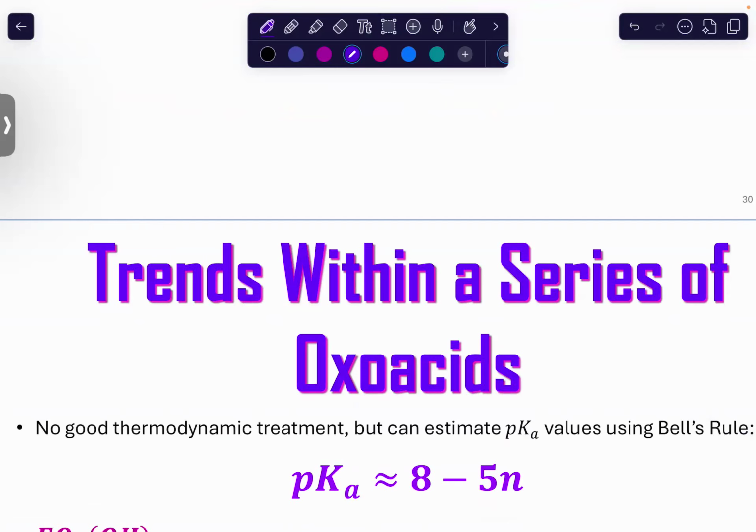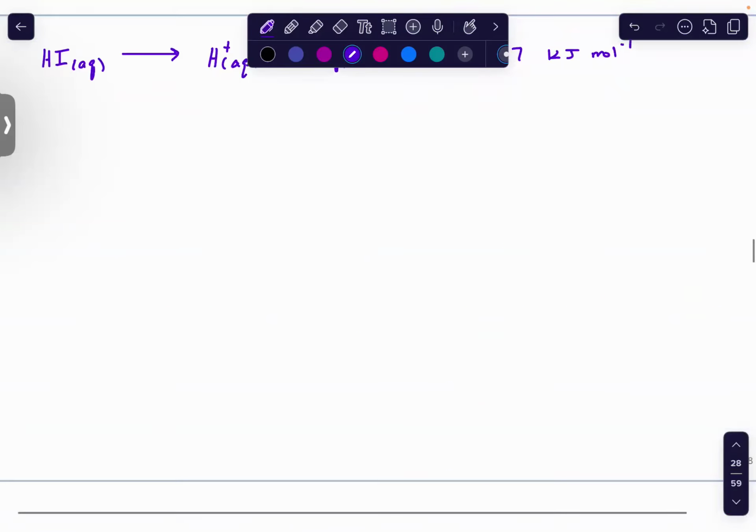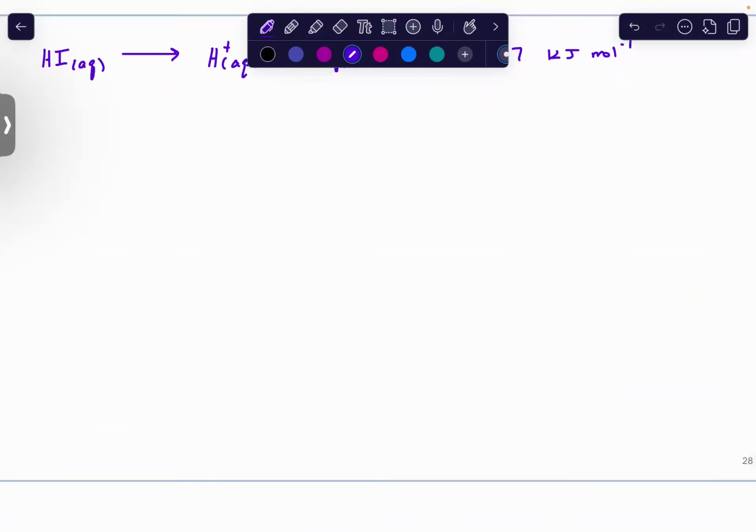All right. Okay, so we're not quite there yet, but what other things can you use to try to predict the strengths of acids? So we already talked about Ka and pKa, but we remember, for example, that for a solution, the standard Gibbs energy is going to look like that.